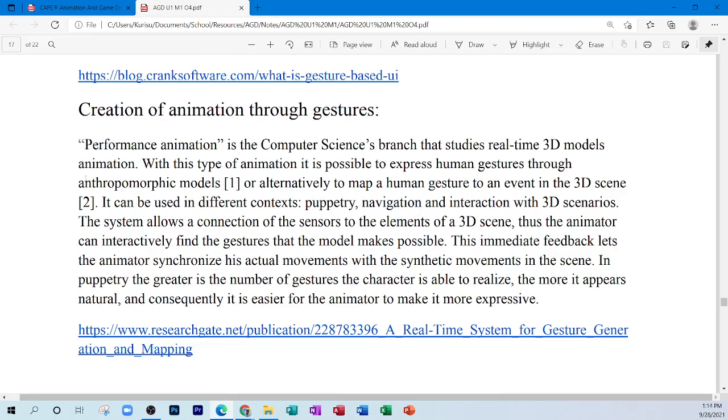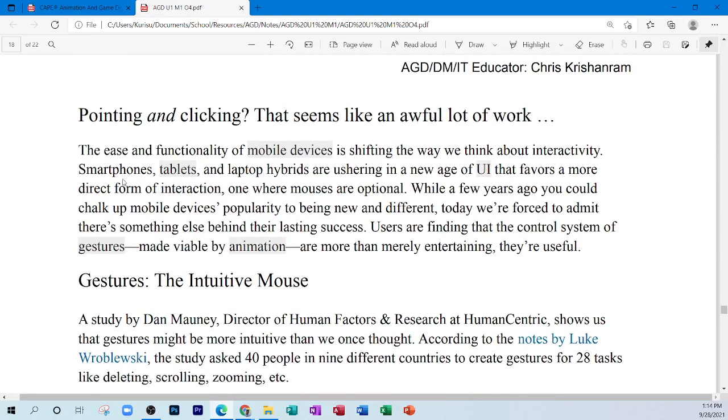Yes, sir. All right, pointing and clicking. The ease and functionality of mobile devices is shifting the way we think about interactivity. Smartphones, tablets, and laptop hybrids are ushering in a new age of UI that favors a more direct form of interaction, one where mouses are optional.